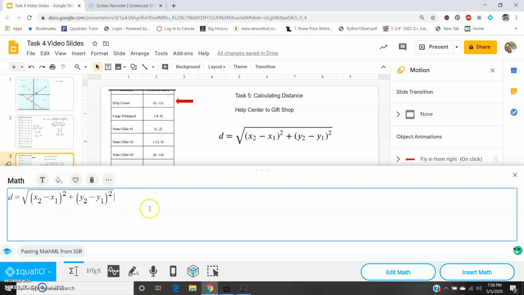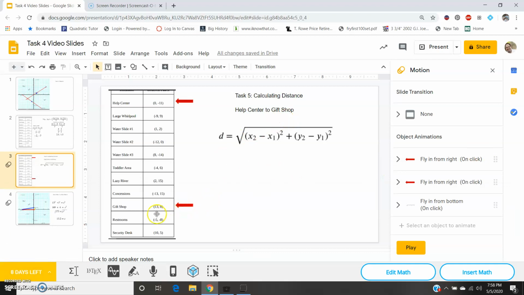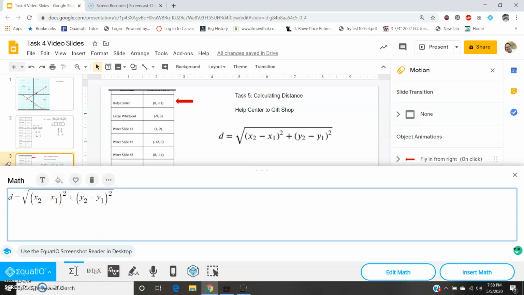Then, looking at the X value of the gift shop, it is 13 minus the X value of the help center, which is 0. So I'm going to fill those two numbers in here: 13 minus 0 squared. And then the Y values, I'm just going to tell them to you.